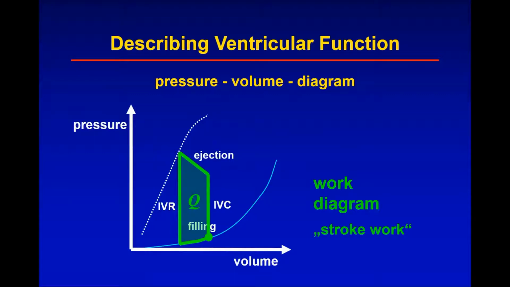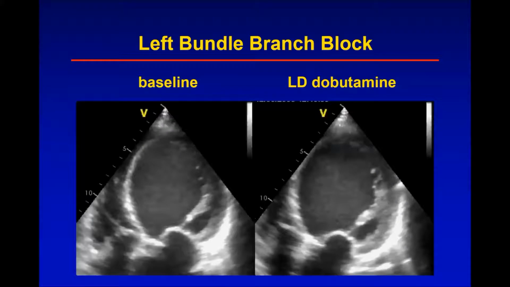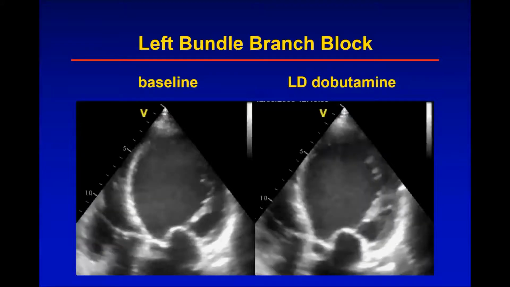So if we want to apply this concept to a patient with a left bundle branch block, like here in this example, again, we have this septal flash and the apical rocking, and now we give a little bit of dobutamine, and the heart starts to contract more vigorously. That's an inotropic substance. And you see on the right side that you have a heart that contracts clearly more.